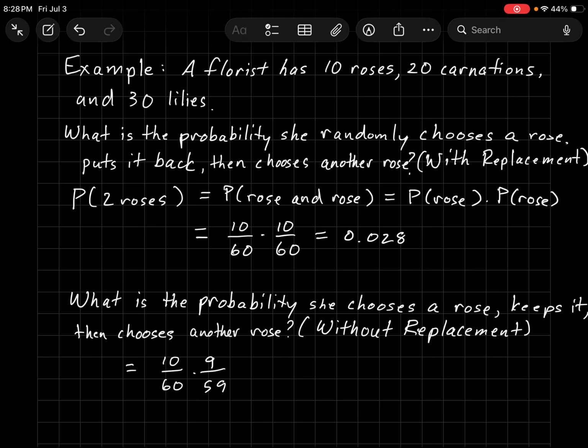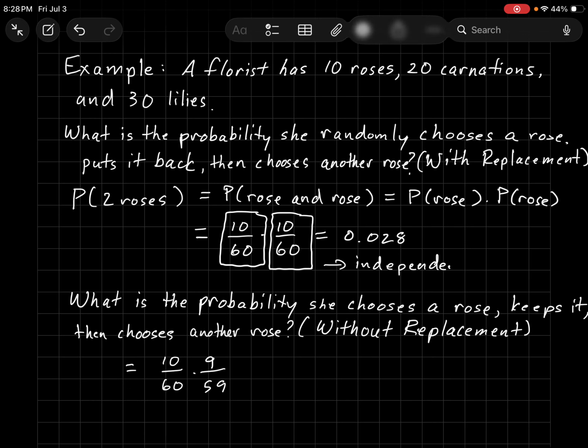But let's also talk about independence. Notice that the first rose's probability is 10 out of 60, always, if the first thing we choose is a rose. If we replace this rose, the probability of choosing a rose remains the same. The probability does not change.